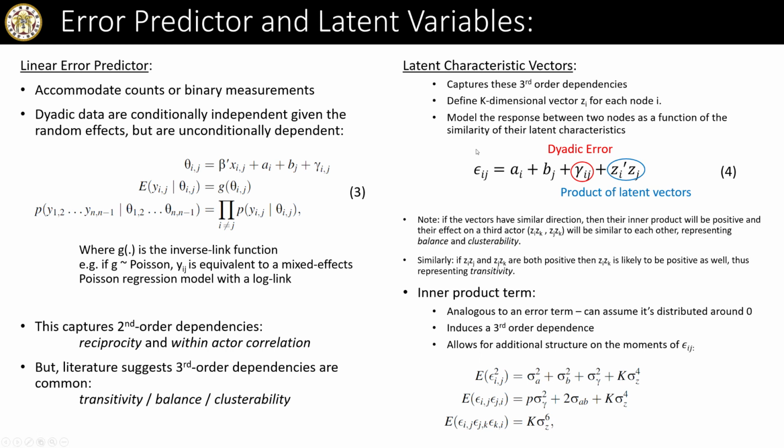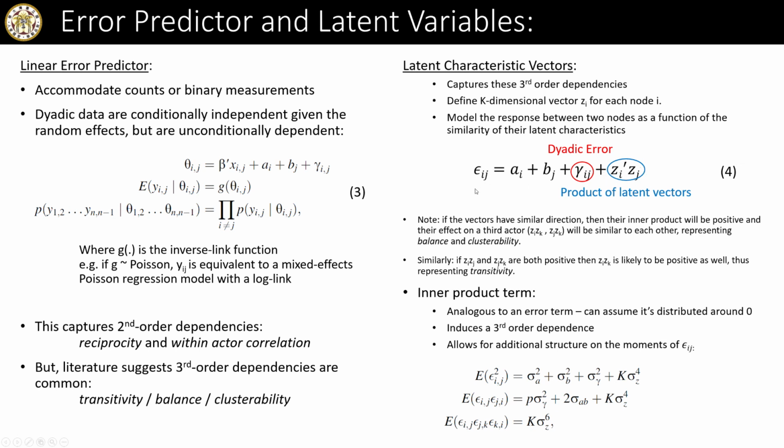They define a k-dimensional vector z sub i for each node i. The model response between any two nodes is a function of the similarity of these latent characteristics, represented by the inner product of z sub i and z sub j.